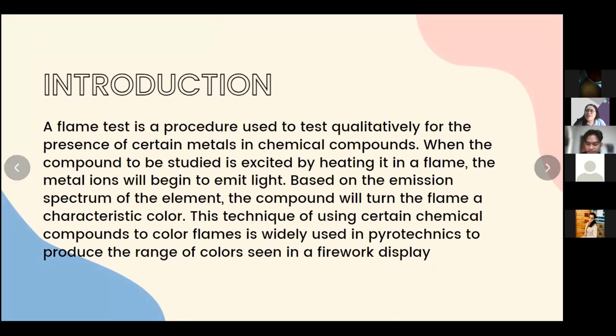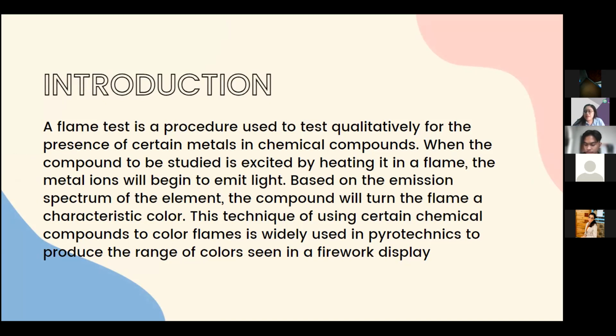So that's the flame test. Now, what's the principle behind the flame test? We have here excitation of the electrons. That is the reason why we really need to subject it to heating, so that the electrons of our ions will have the energy. They will absorb energy, and once they absorb the energy, they will jump from the ground state to a higher energy state.